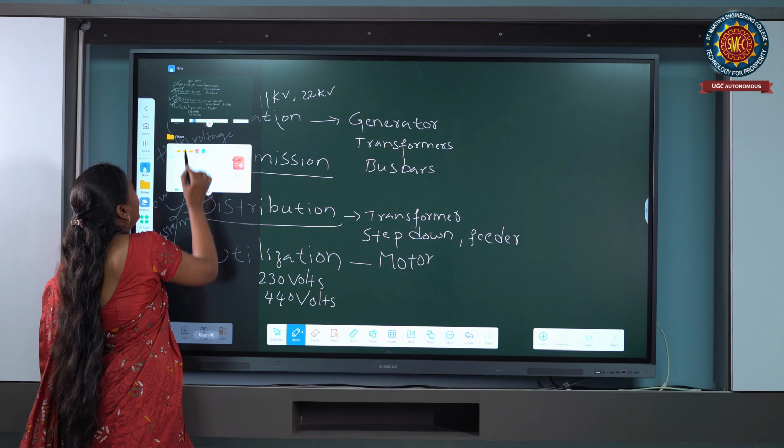So what are the types of faults which occur in a power system? They occur because of over voltages, over currents, and aging of the insulation or aging of the conductor. It will lose some applications. So that is the reason we have to protect.